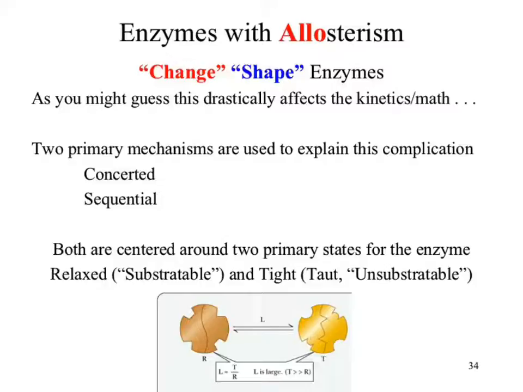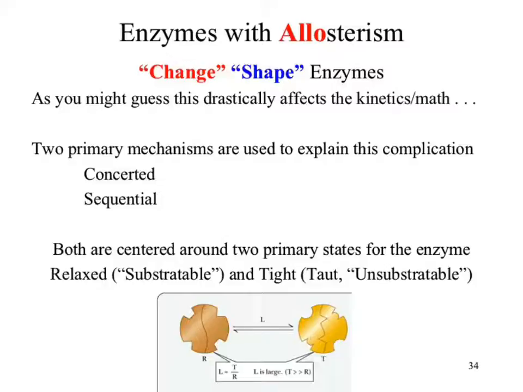Why do we need 2 active sites? Because we're looking at increasing or decreasing activity. We will have multiple active sites in these kind of enzymes. At the very least, multiple binding sites. So we're looking typically at least 2 halves.